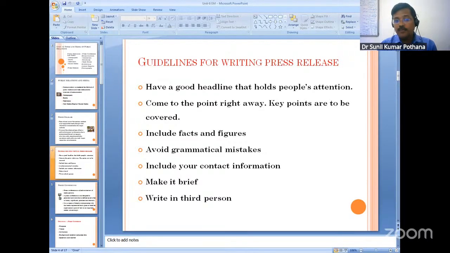Another one is to make it brief. Instead of a lengthy four or five pages of text, you may conclude it in one or two pages. That is easy for the press personnel to understand, and also for the news in print or electronic media, because there is limited space in print media and airtime is important for electronic media.